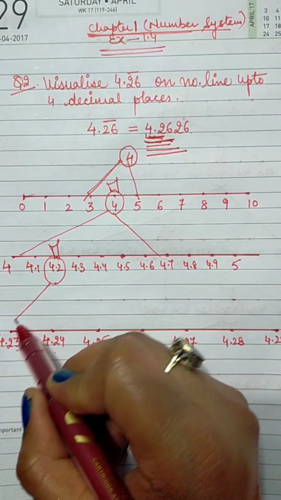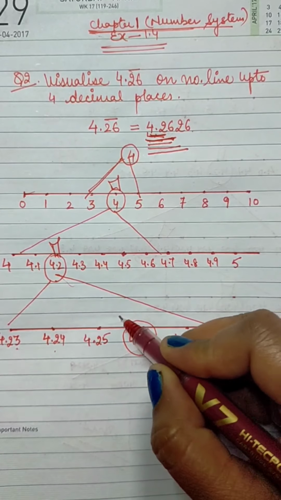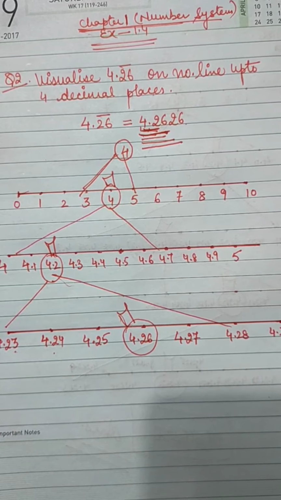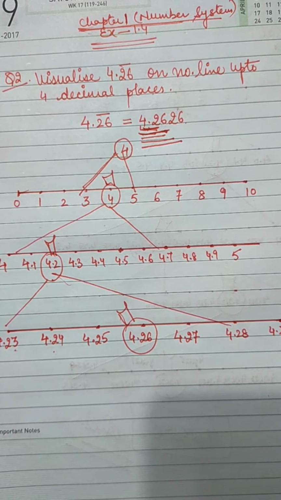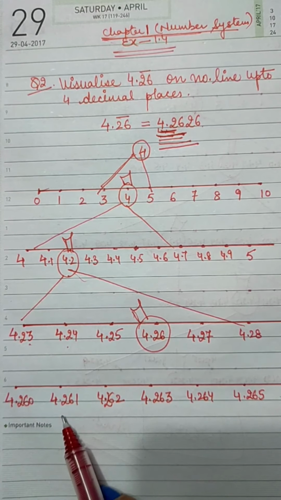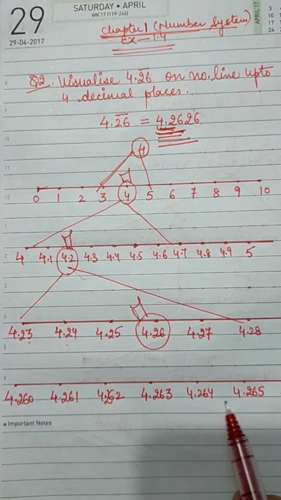4.26 I need, and it will lie between these, and here is the required number. Simply the way we are magnifying, we are zooming in this way. So the next number line is having 4.260, 4.261, 4.262, and so on.